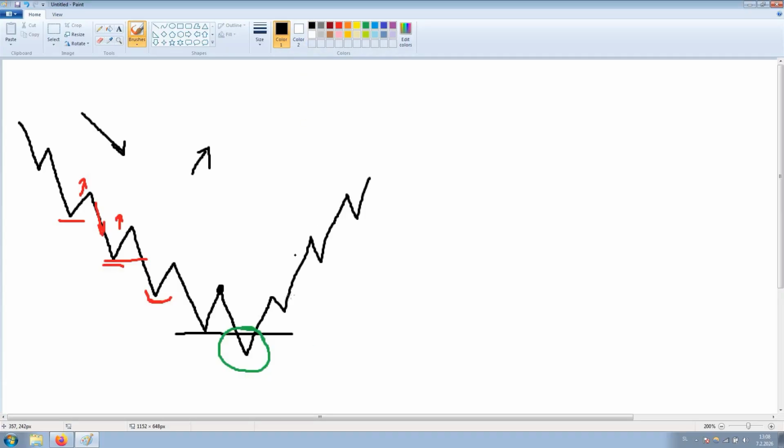Now that we are in a bullish trend, so we are going upwards, what happens? People are putting their stop losses here below because they are buying. But there are also people who are selling because they said, okay, we made this lower high, so we will go lower now.